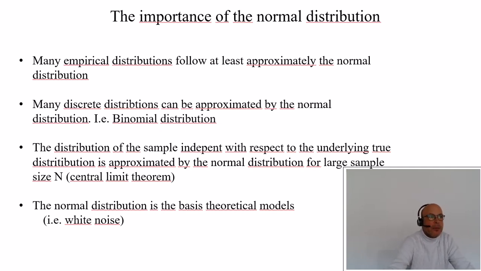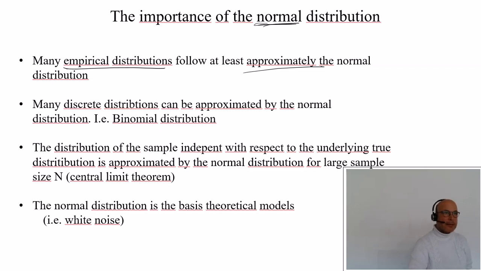Why do we call this the normal distribution? This is because we can show mathematically that many distributions, if we are doing random experiments quite often, follow at least approximately the normal distribution.